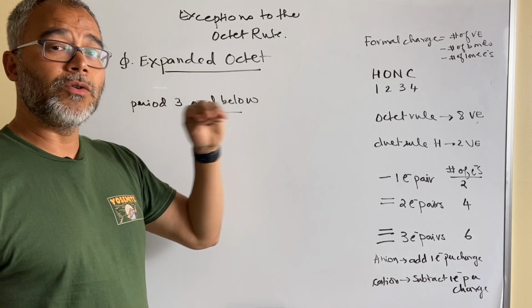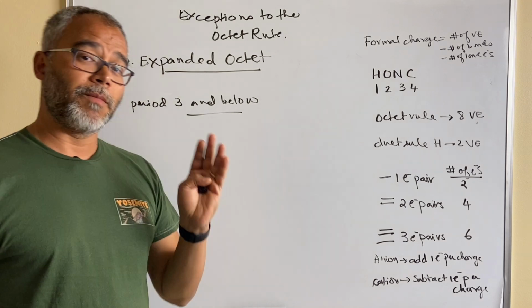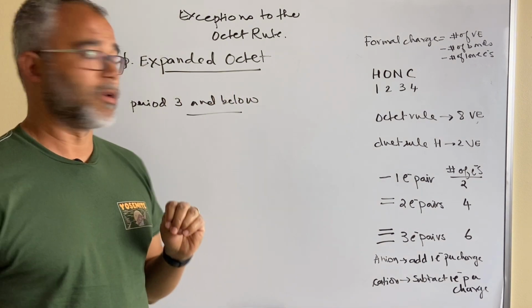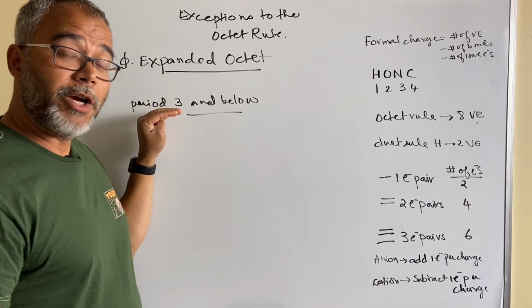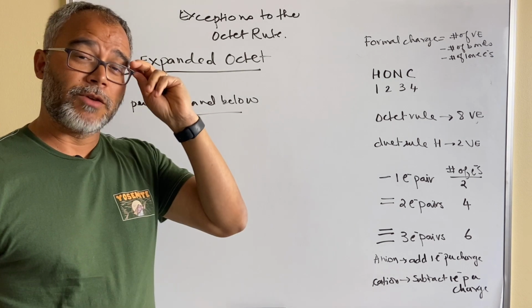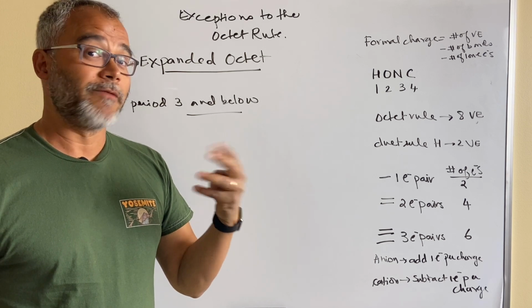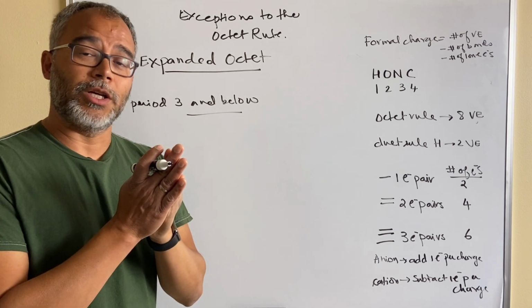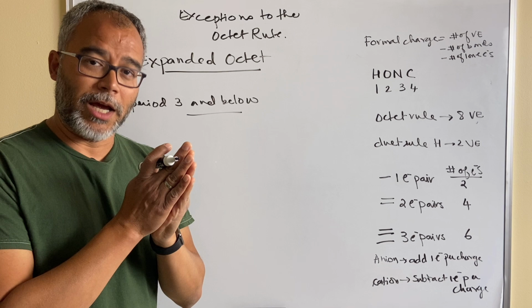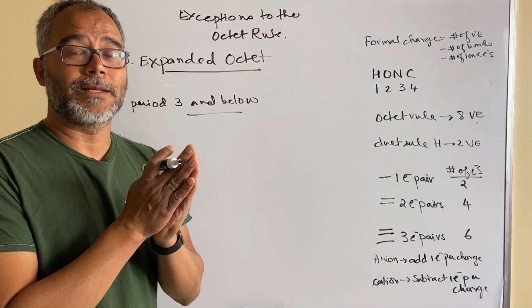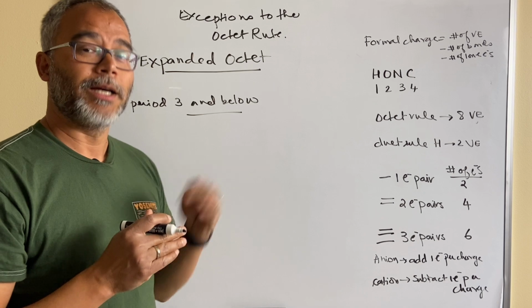Up till period 2, you see cases of incomplete octets, regular octets, duets, and so on. When you get to period 3 and below, you actually have a D level that is vacant and is very close in energy to the valence shell that you're trying to fill up, and therefore there are cases where the excess electrons can go into the D level, and that's what we end up seeing.